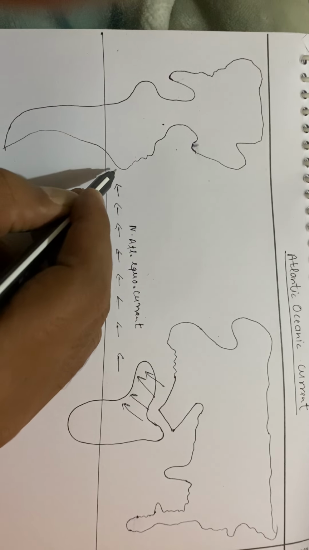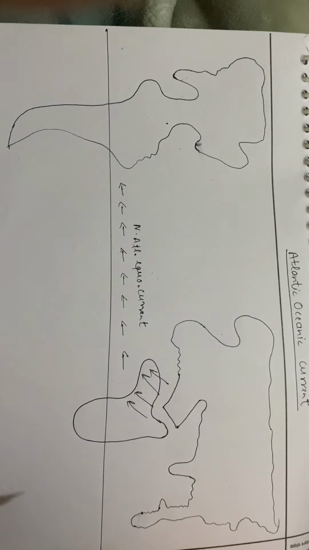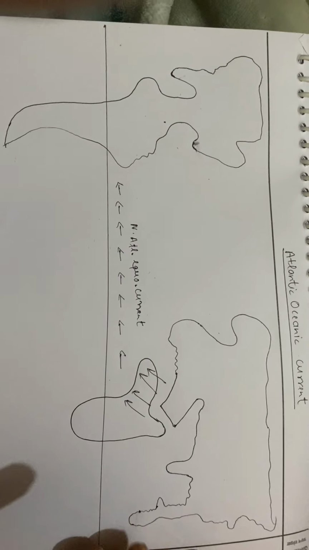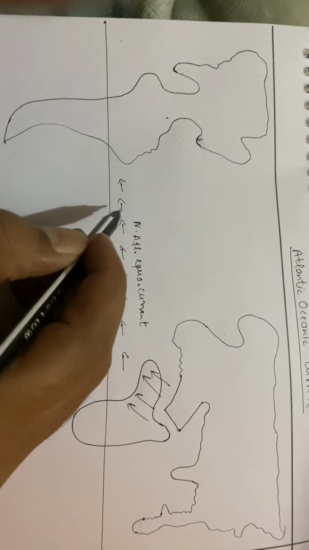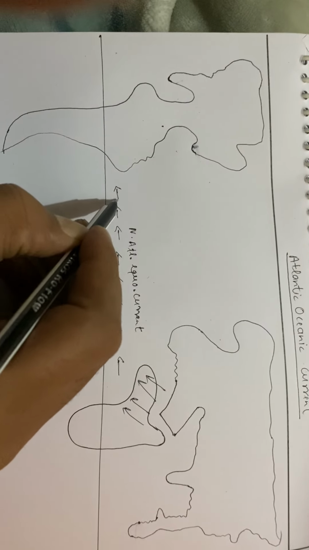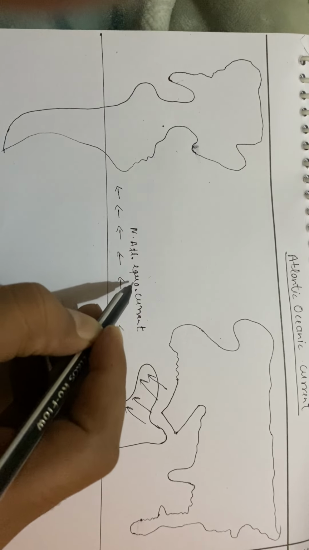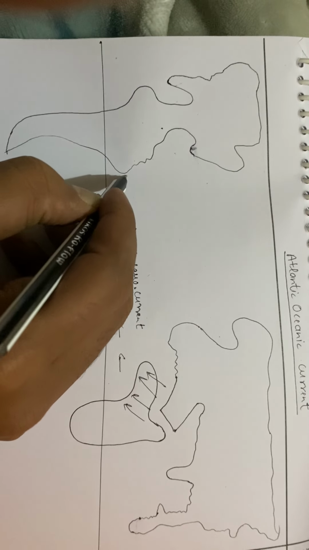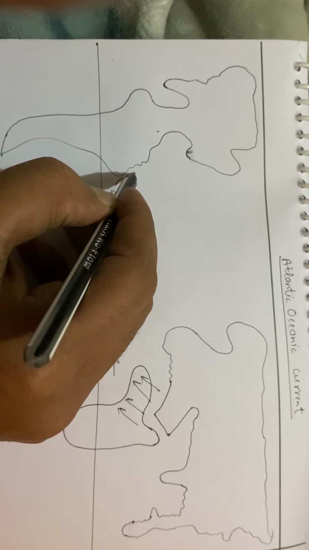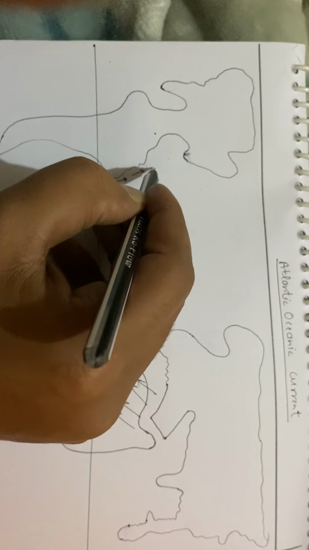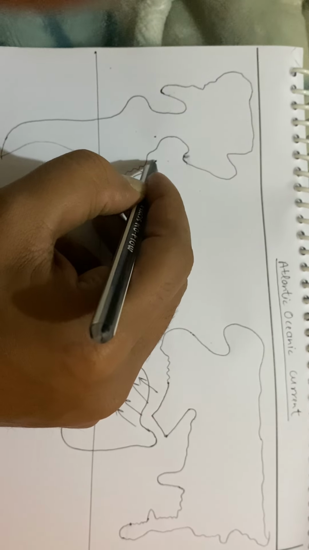So due to Coriolis force and Ferrel's law, this North Atlantic equatorial current will move toward this direction, and this is specifically called the Mexican current.